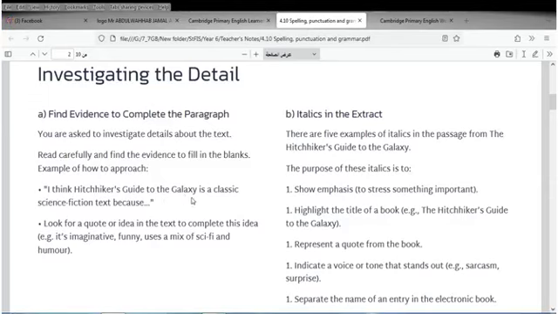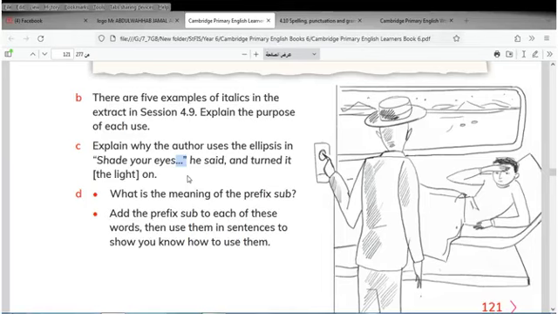Now, explain why the author uses ellipsis in "Shade your eyes," he said, and turned it, which means the light, on. Now, all the time remember, in order to use the ellipsis, you are trying to create a dramatic pause. You are trying to create suspense.